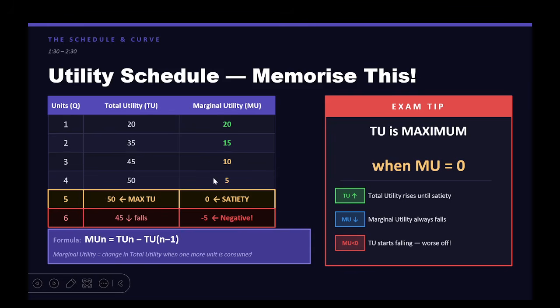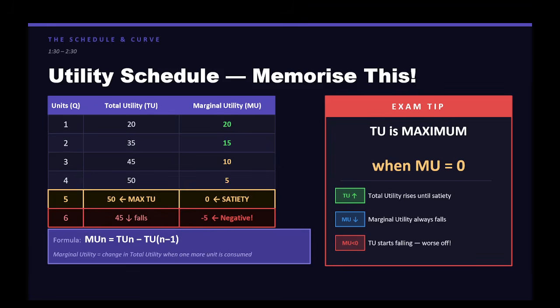This is basically the maximum satisfaction which you get by consuming the good. There is no extra satisfaction at all. And then what happens? Sixth unit, when you consume, you feel pukish, you feel like throwing up, and your total utility actually falls. And your marginal utility is negative.